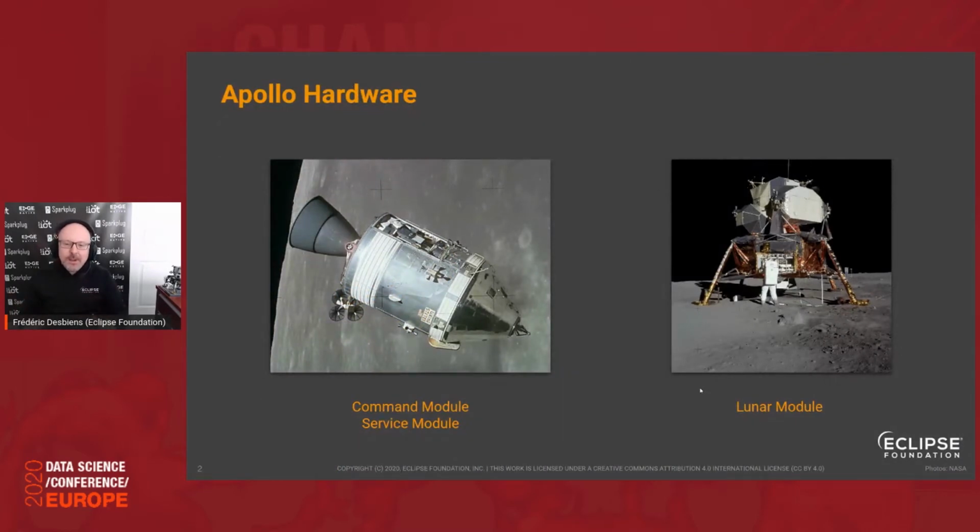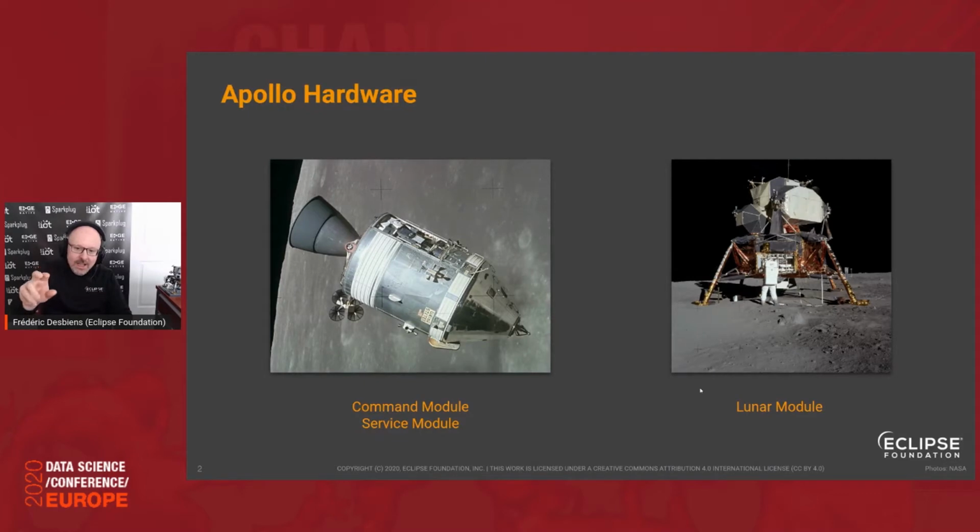If you're not a big space buff, let's start by explaining a few things about the vocabulary I will use during this presentation. If you read a bit about the moon missions, there are obviously several pieces of hardware involved, but the main ones are the ones you see on the slide. On one side, you've got the command module and the service module together. The command module is the little capsule where the astronauts were spending their time, and the service module is the remainder of what you see.